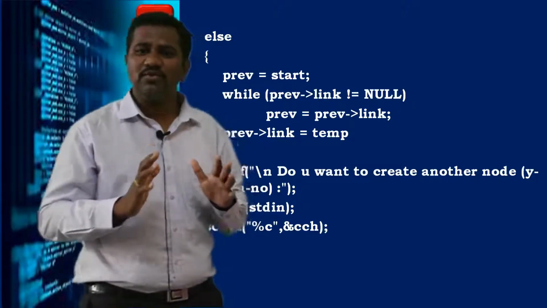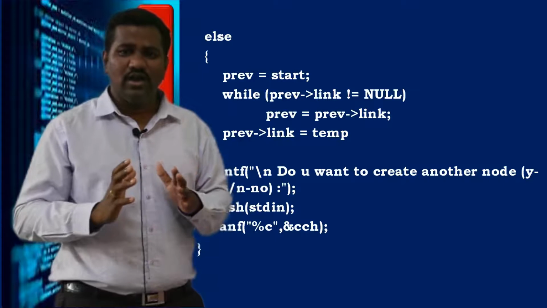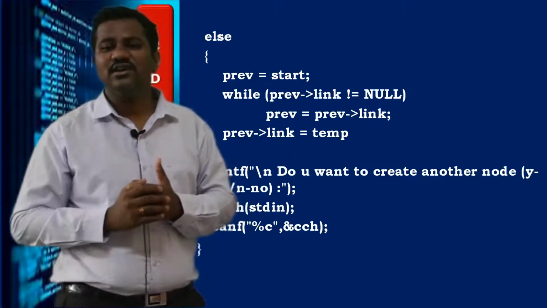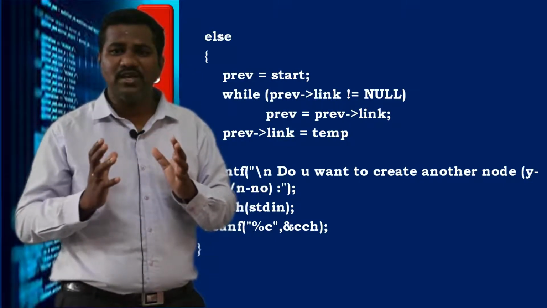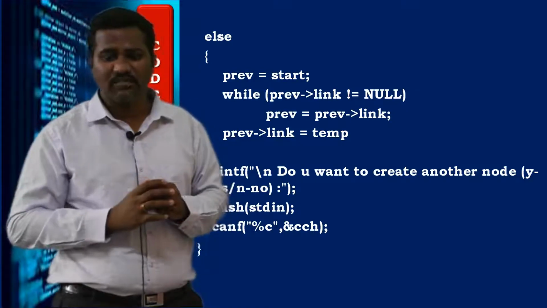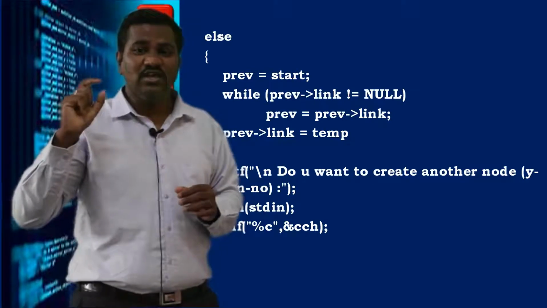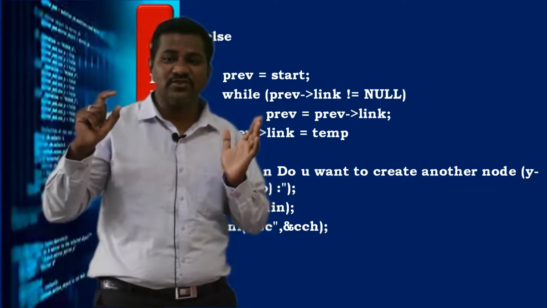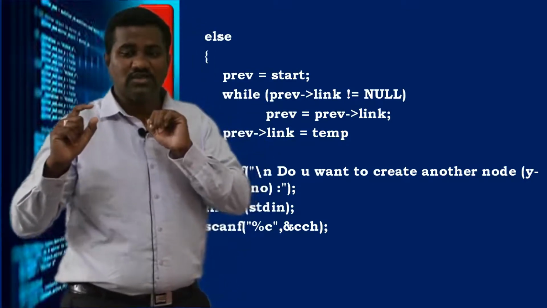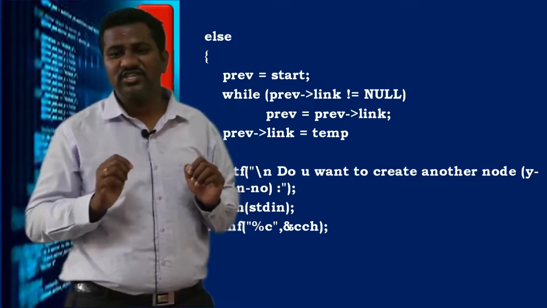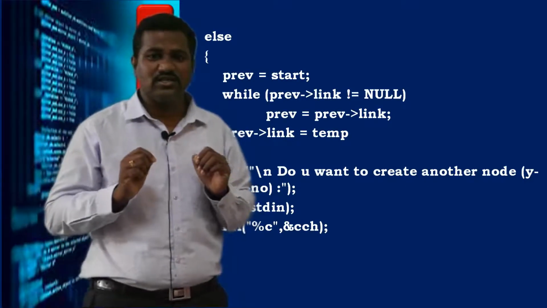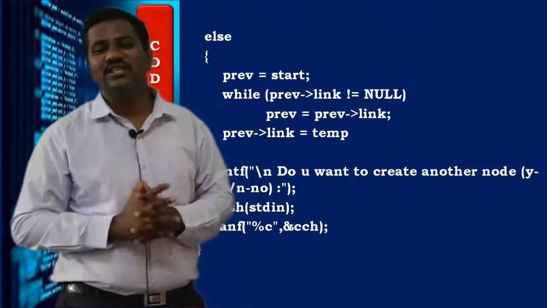Most of the problems in that examination are completely based on data structures. You need to understand the problem statement first, then think about which data structure is suitable to solve it. That much importance is there for data structures, so you need to be very perfect in them.